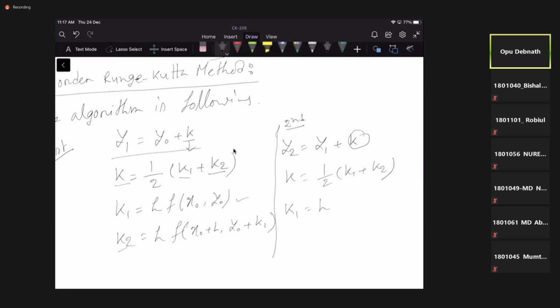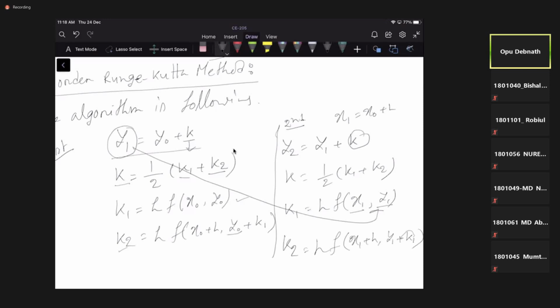So k1 will be, for this case, k1 will be a function of x1, y1. y1 is known, x1 is known; x1 is nothing but x0 plus h, and y1 you have already found from the first step. So this is known, and k2 will be h f of x1 plus h, and in this case y0 will be replaced by y1 plus k1.